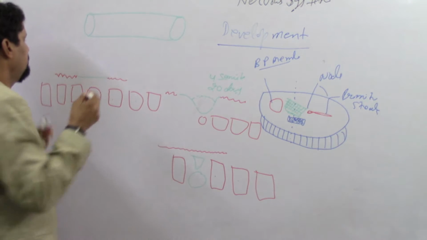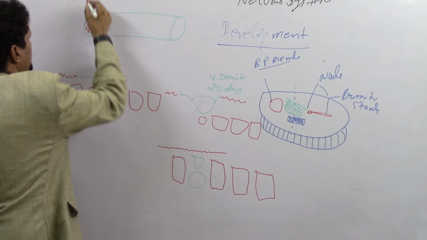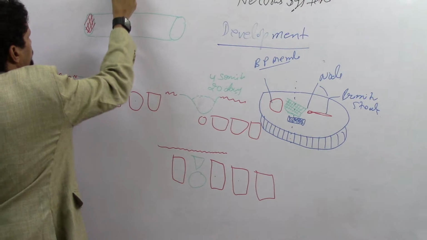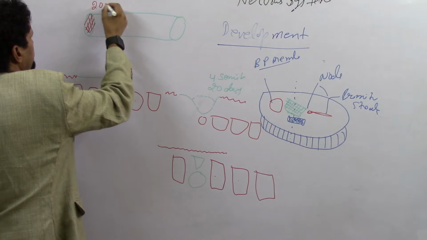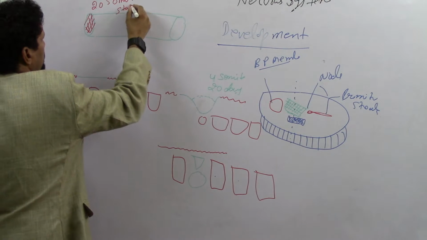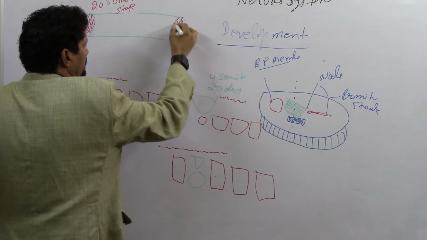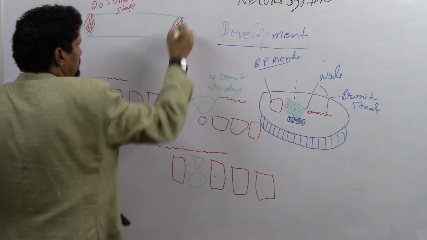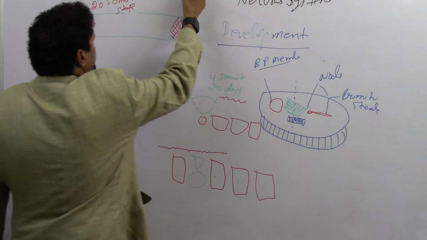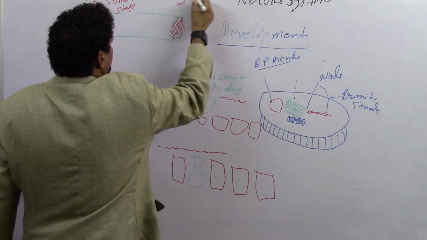The anterior neuropore is closed by the middle of the 4th week, that is the 25th day, or fused by the 20 somite stage, and the posterior neuropore fuses, or closes, by the 28th day or at the 25th somite stage.